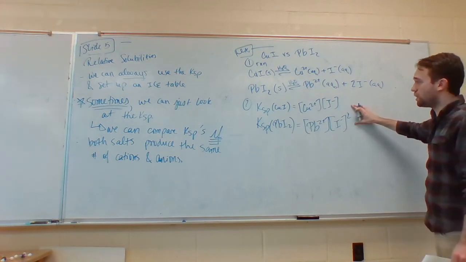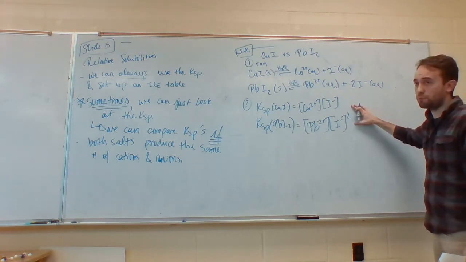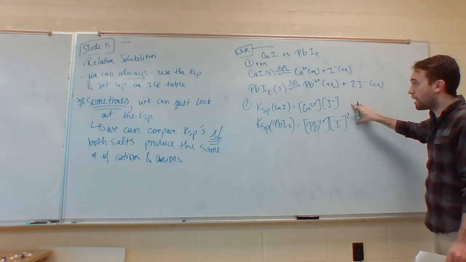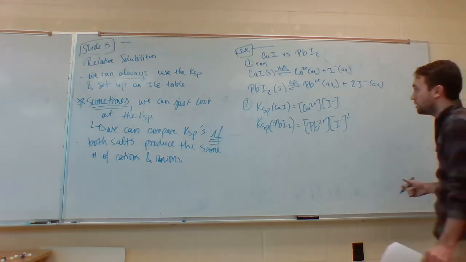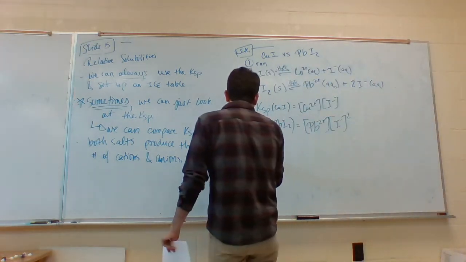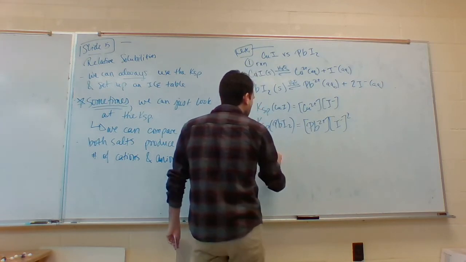Now, right away, you can already tell that they're not going to be in the same form, okay? So if they're not in the same form, then that means that you're going to want to use an ice table right away, okay?